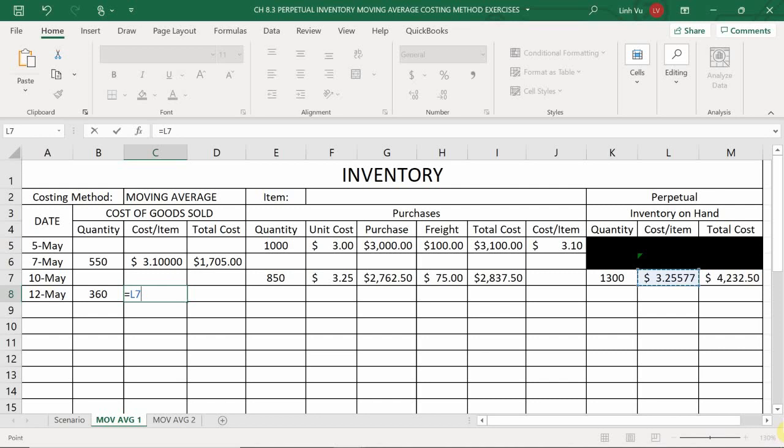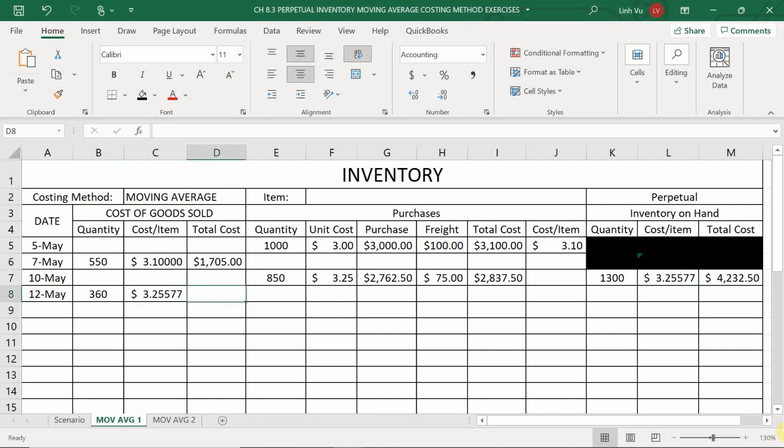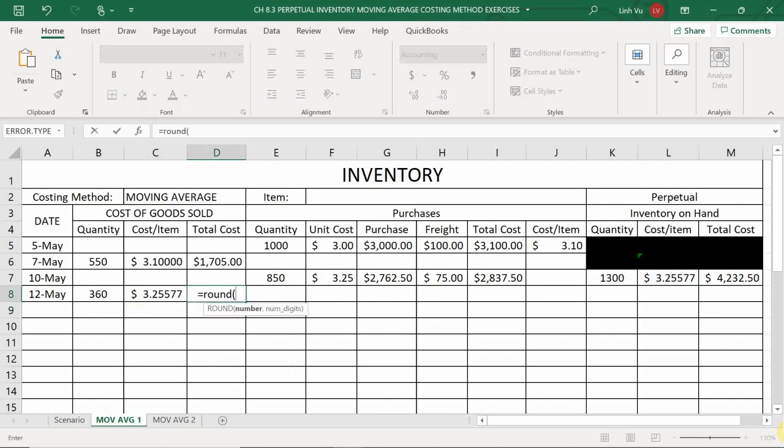The $3.25577. Good, right? So let's go ahead and calculate. What's my total cost of goods sold if I sold 360 units at $3.25577?